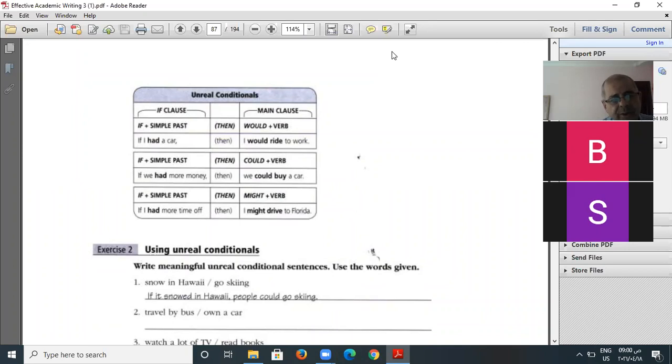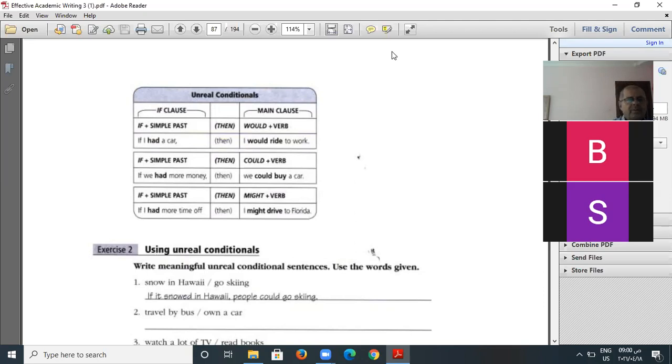Now, if we start a sentence with if here, طبعا بالunreal condition we use if plus simple past. شو بتكون الإفكت؟ We use طبعا كوما هنا بعدين then بعدين would plus the verb. مثلا نقول if I had a car، طبعا هاي if clause في عندنا had simple past، كوما then، طبعا then هنا optional، I would ride to work. بس بالمين كلوز would ride. طبعا after would we have base form.